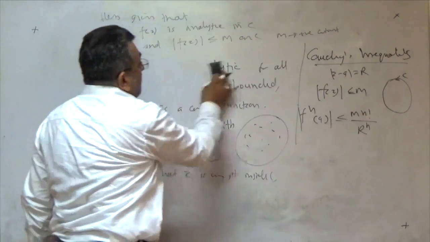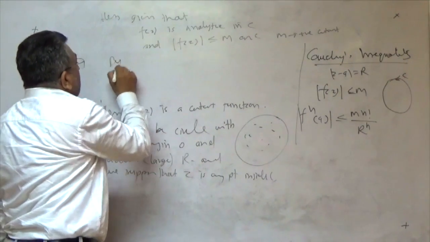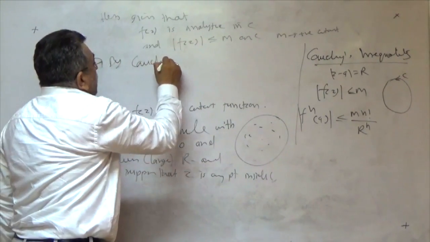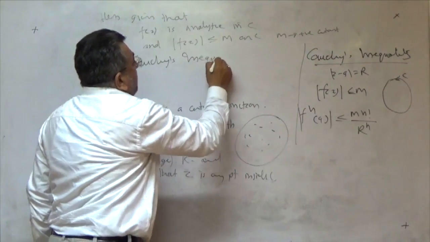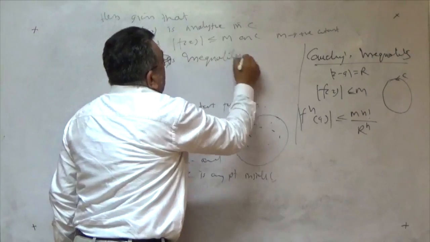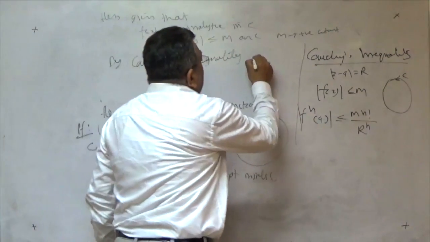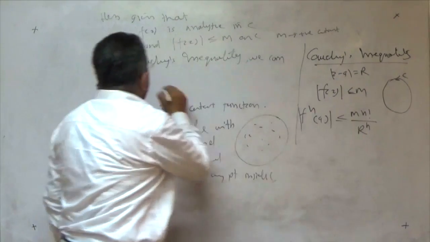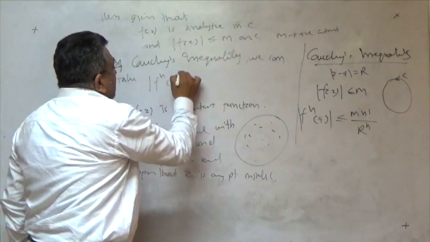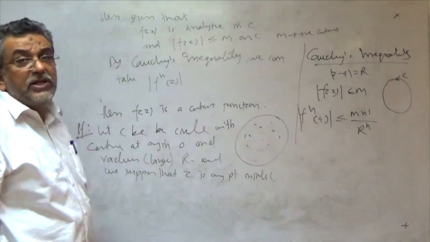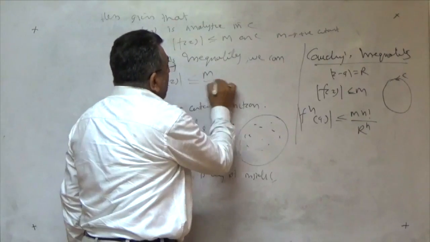So by Cauchy's inequality, we can take the modulus of the first derivative f dash of z at any point is less than or equal to M upon R, because n is 1.